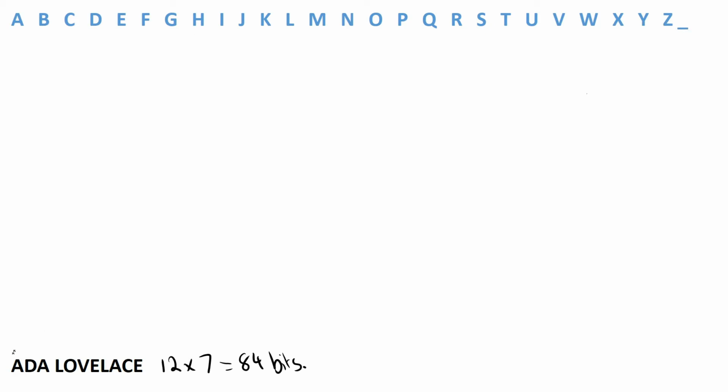So we've got here A, and then a D, and then an A, and then a space, and then an L, O, V, E, L, A, C, E. So now we've done our little tallies, we can actually write at the top, well, that's 3, 1, 1, 2, 2, 1, 1, 1.